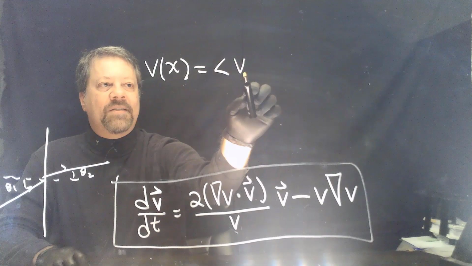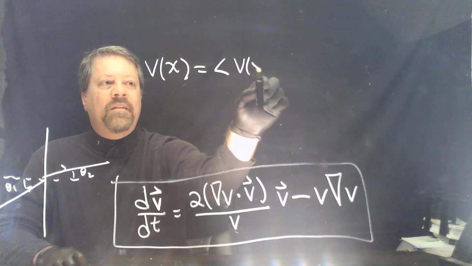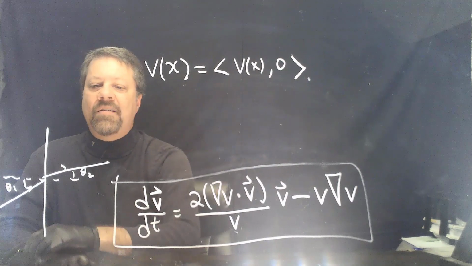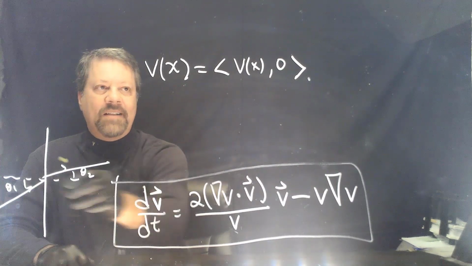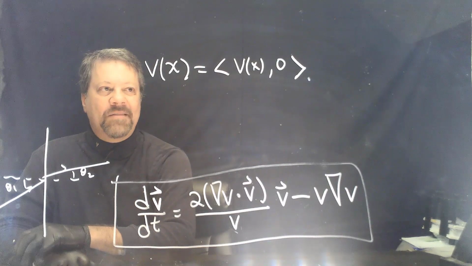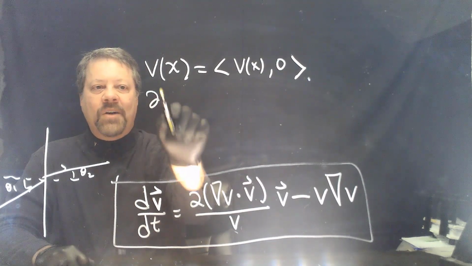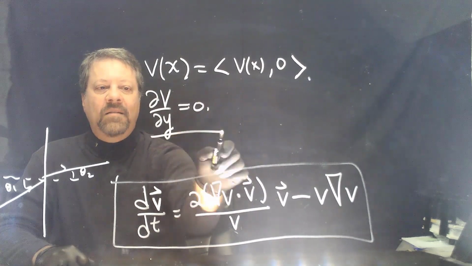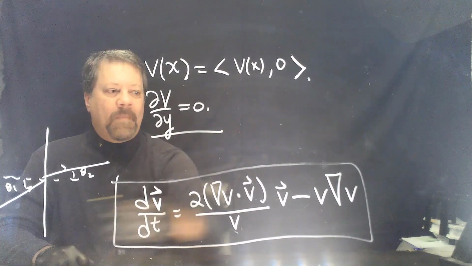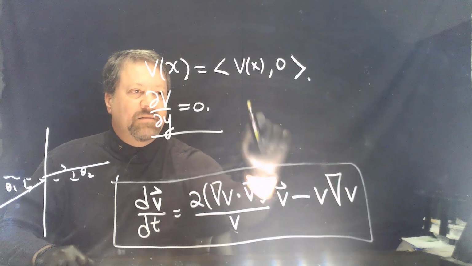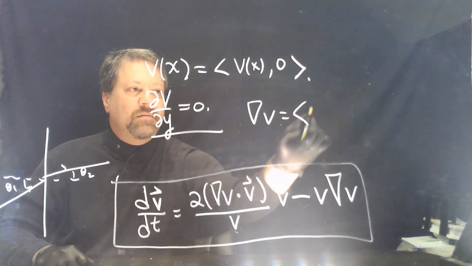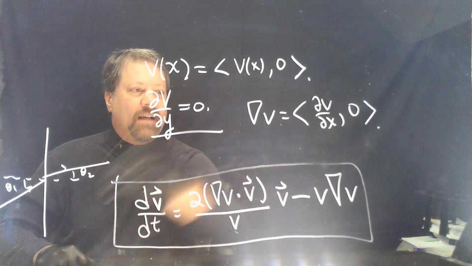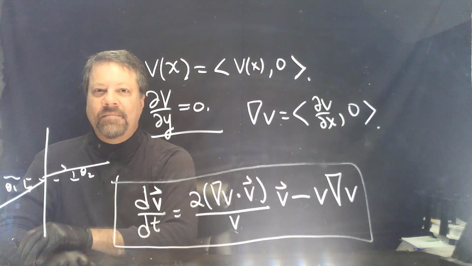So it'll have this v of x, 0. It'll have different velocities. It'll depend only upon x. In other words, the partial derivative of the speed with respect to y will be 0. So this gradient has 0 for the second coordinate.